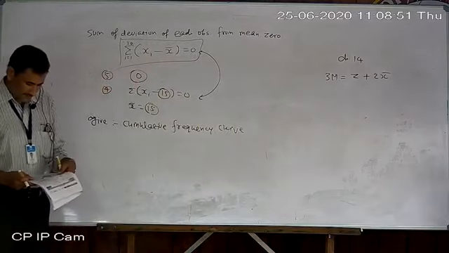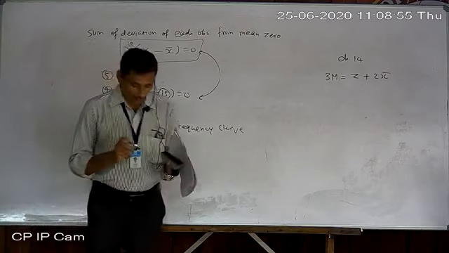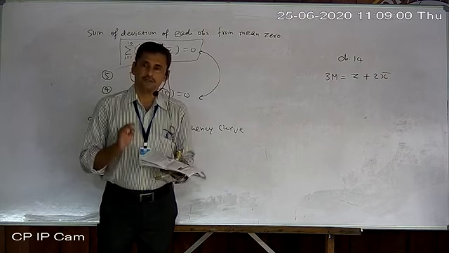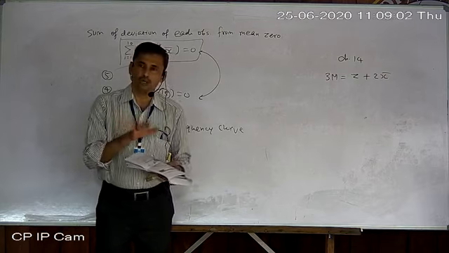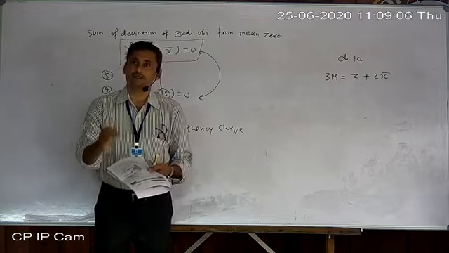What is the difference between discrete and continuous frequency? In the first lecture of this lesson we already discussed it. Discrete frequency distribution means no classes are there, and continuous frequency distribution means classes are there.